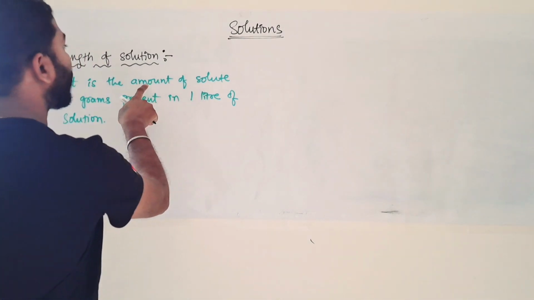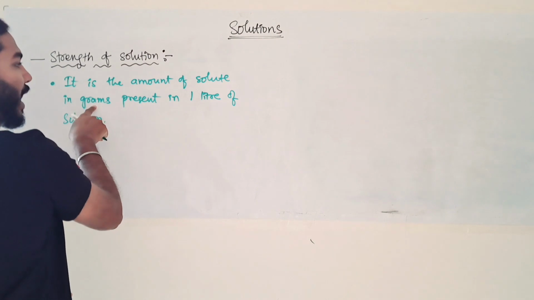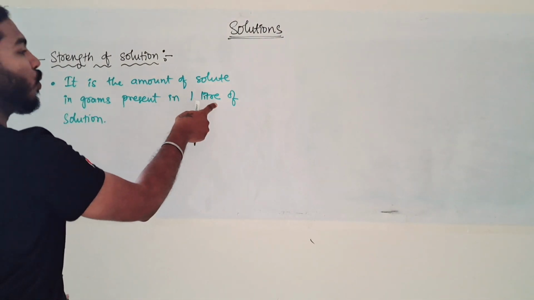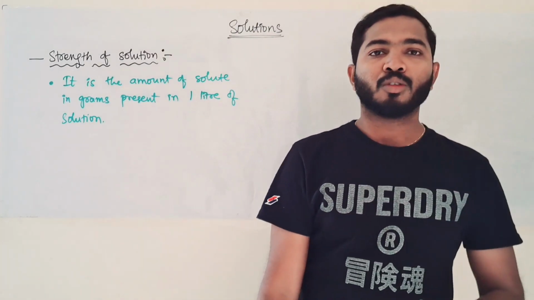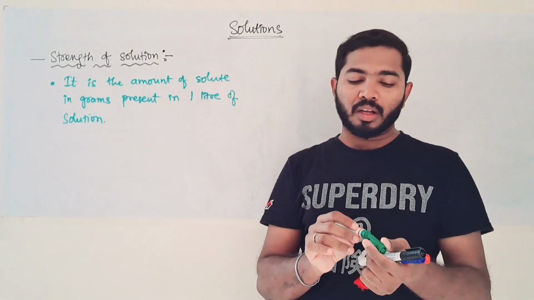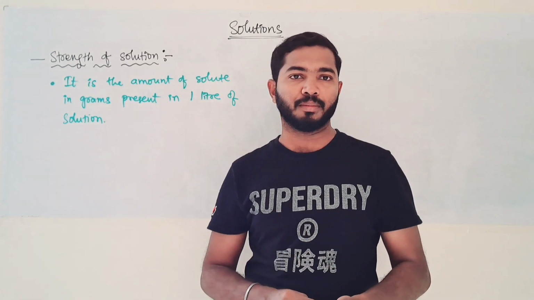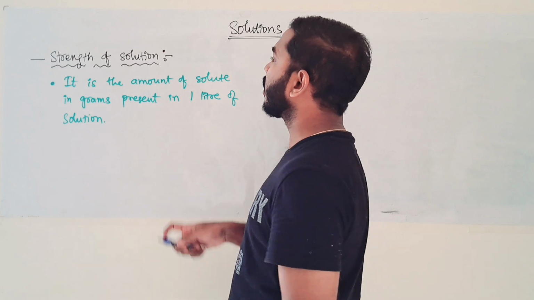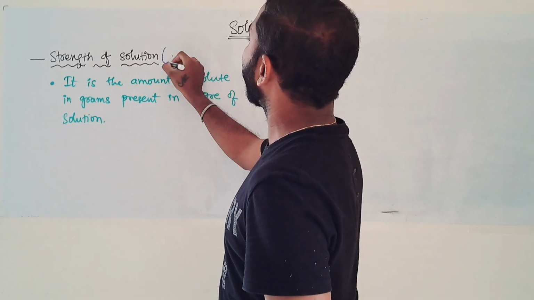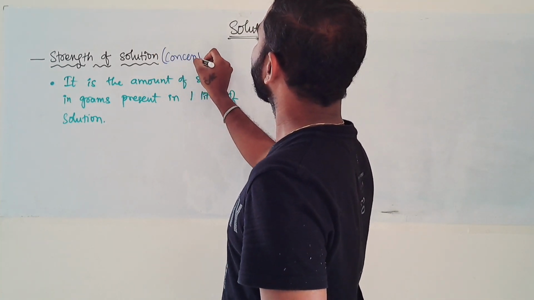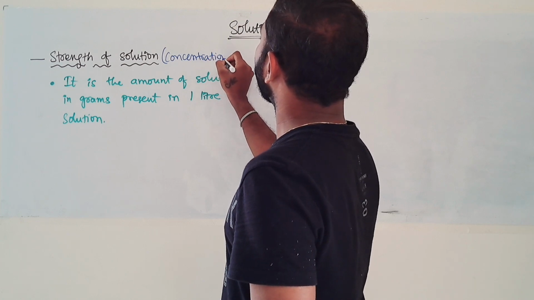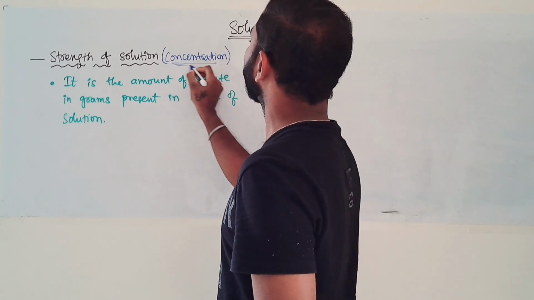We need to take the solute weight in grams and the solution's volume in liters, so that we are able to define the term strength of solution. We can also call strength of solution concentration, and we are going to learn more about the term concentration in this lecture.